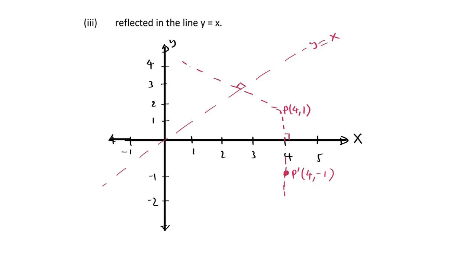Then we measure the distance from the point P to the line. Using the measured distance, we locate the image of the point P. Therefore, the image P' is (1, 4).